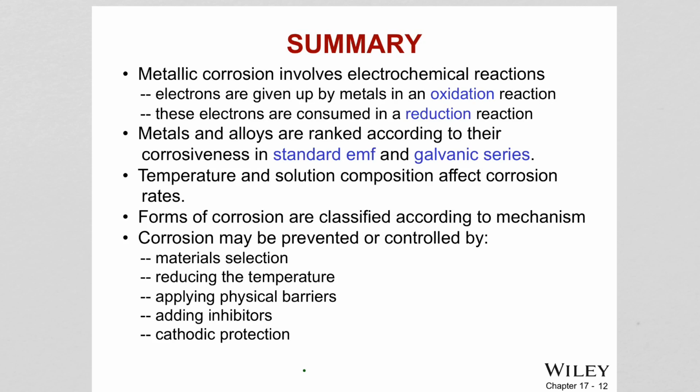Temperature and solution composition affect corrosion rates. Forms of corrosion are classified according to their mechanism, and corrosion may be prevented and controlled by material selection, reduction of temperature, applying physical barriers, adding inhibitors, or cathodic protection.